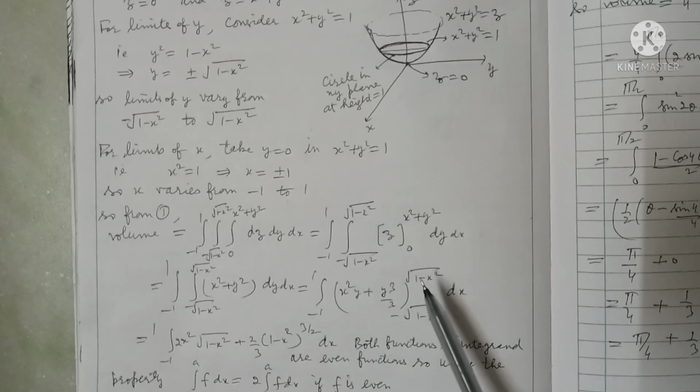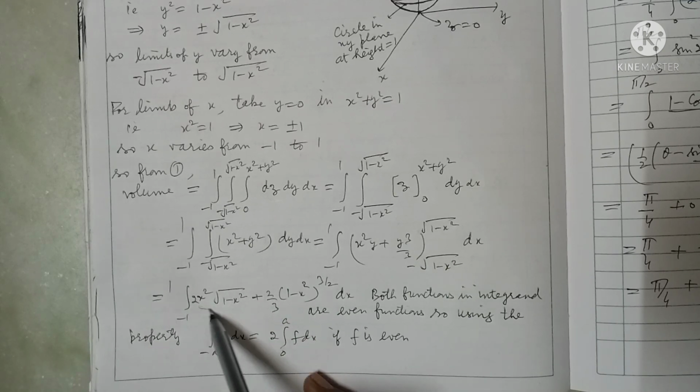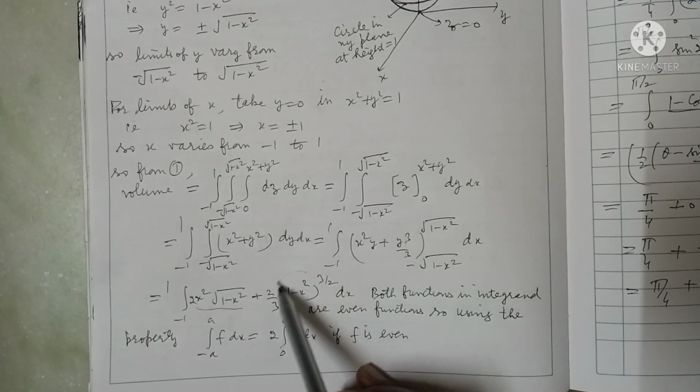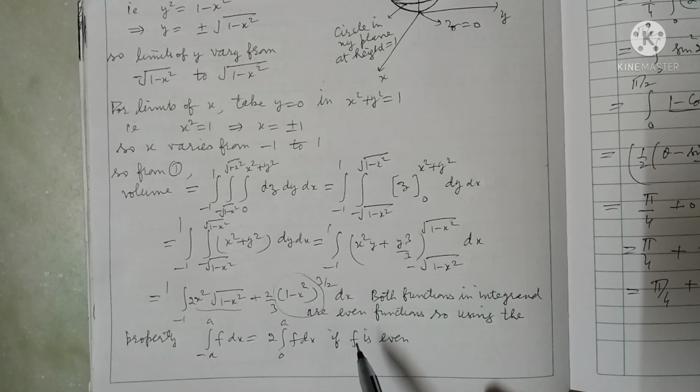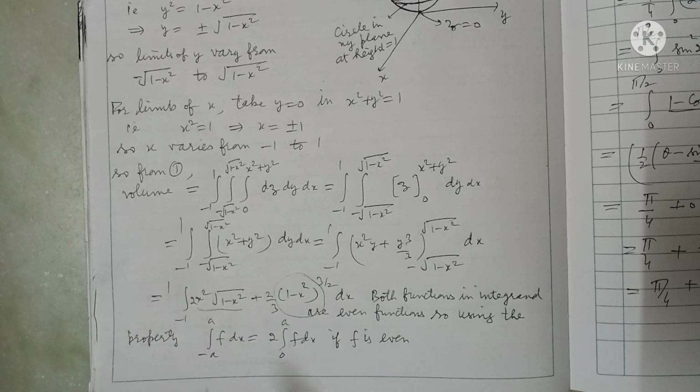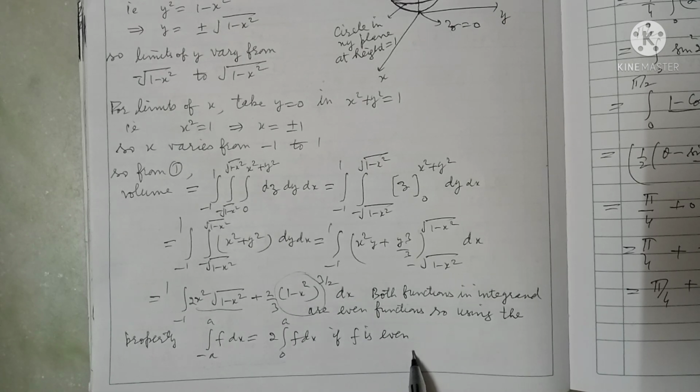Here we see that, as you can see, this function as well as this function, both are even functions. So we use a property of definite integrals. This is the property. Integral minus a to a f dx is twice integral 0 to a f dx, provided f is even function.